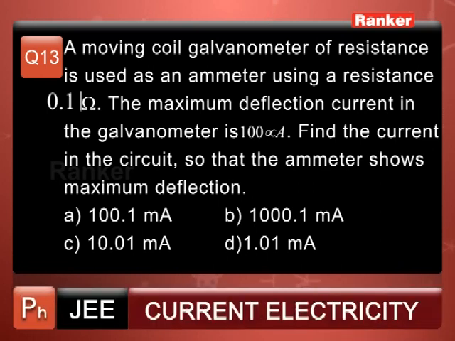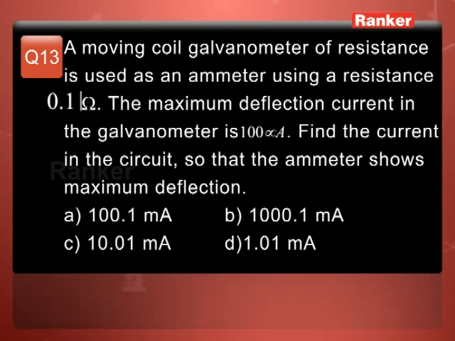Let me read out the question. A different model one. A moving coil galvanometer of resistance is used as an ammeter using a resistance of 0.1 ohm. The maximum deflection current in the galvanometer is 100 microampere. Find the current in the circuit so that the ammeter shows maximum deflection.